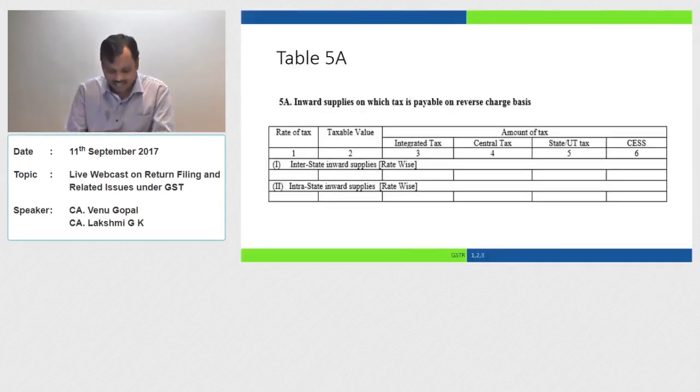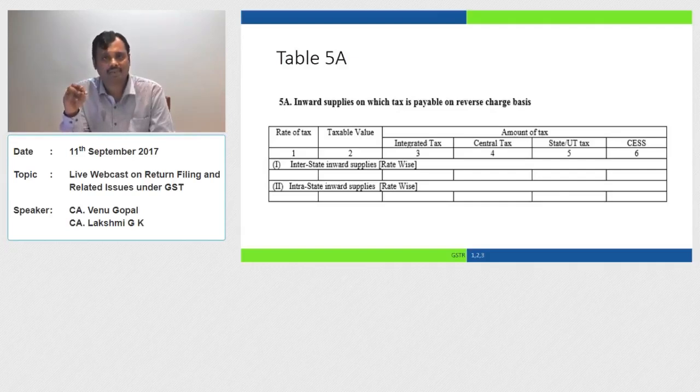Table 5 has again 2 subtables, where you will be reporting your inward supplies on which tax is payable on reverse charge basis. Whatever you are reporting under GSTR 2 table 4, where you are taking input tax credit, that data is auto populated and reported here under table 5A.